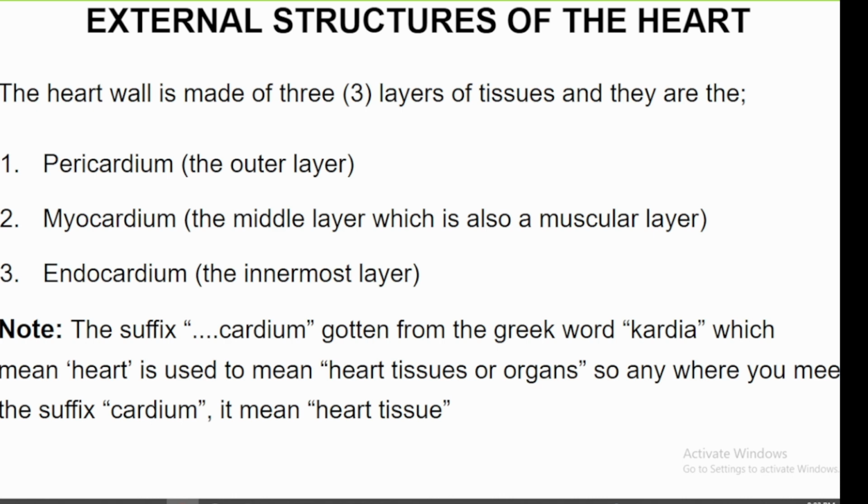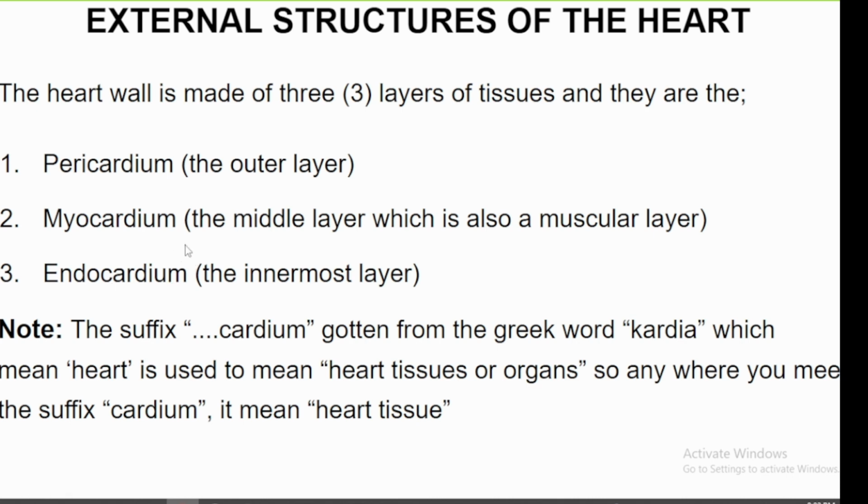Now let's look at the notes under the suffix cardium. When we say a suffix, it means that there is some word that comes before it. You understand? For instance, here we have peri before the cardium, so that makes cardium a suffix. We have myo before the cardium, so that makes cardium a suffix. We have endo before the cardium, that makes what? Cardium a suffix.